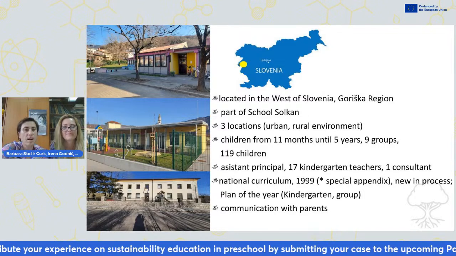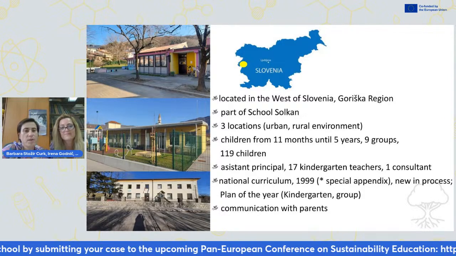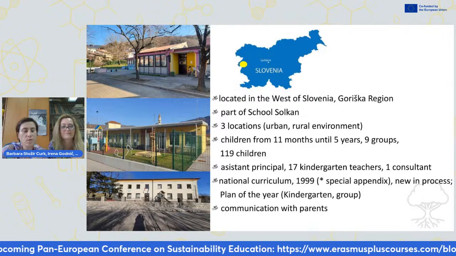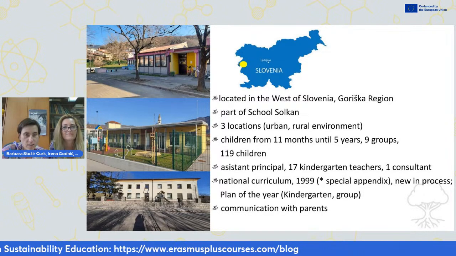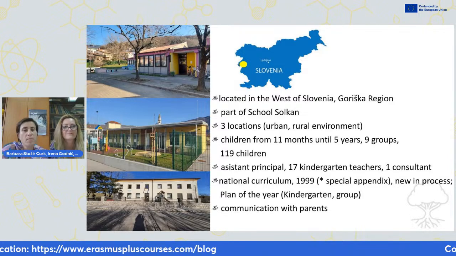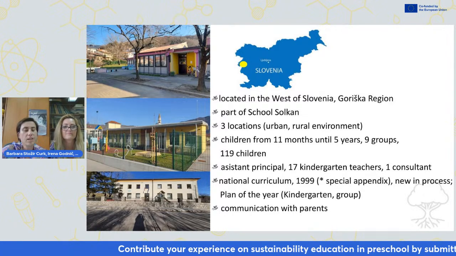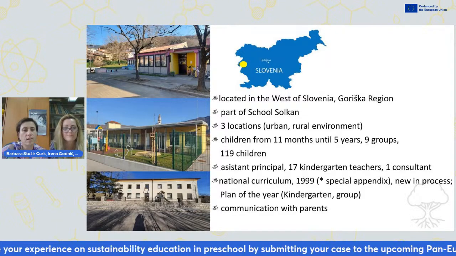In our kindergarten, children from 11 months until 5 or 6 years are included. We have 9 groups and 17 kindergarten teachers. We use the national curriculum, and every year each group makes its own plan of the year.